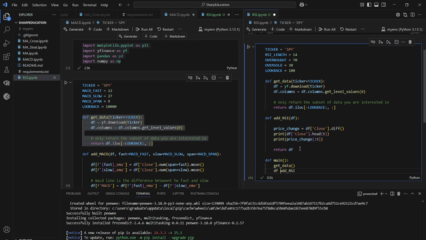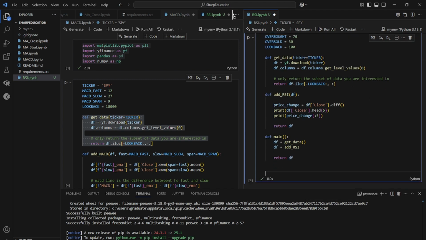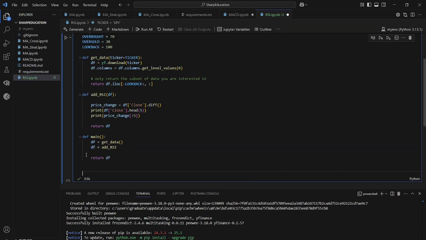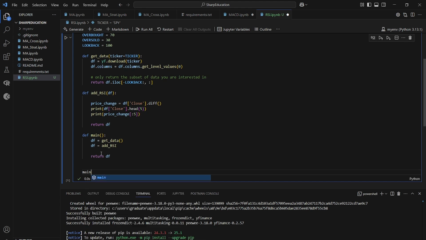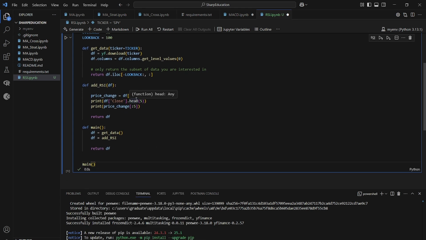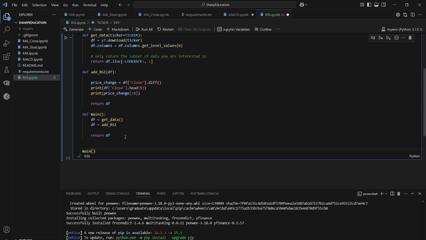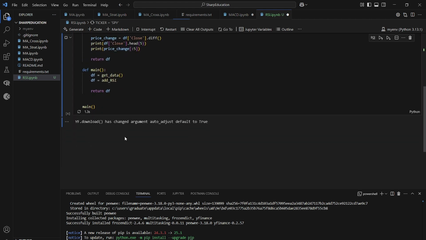Great. df equals, page down, return the data frame. And when we run, let's move this all back. So when we run the main function, what I should see is the first 5 close prices and the first 5 price changes.